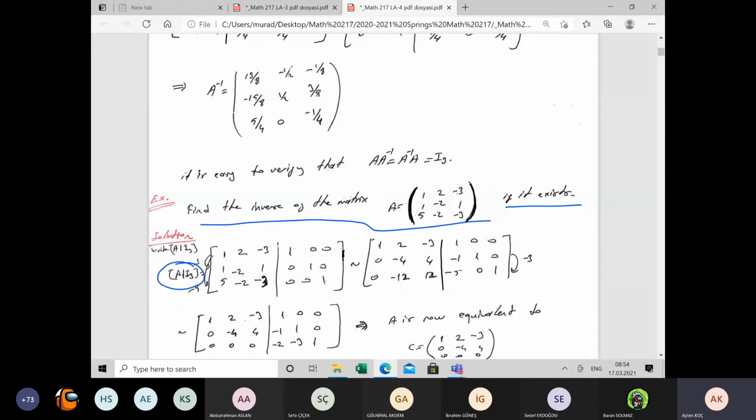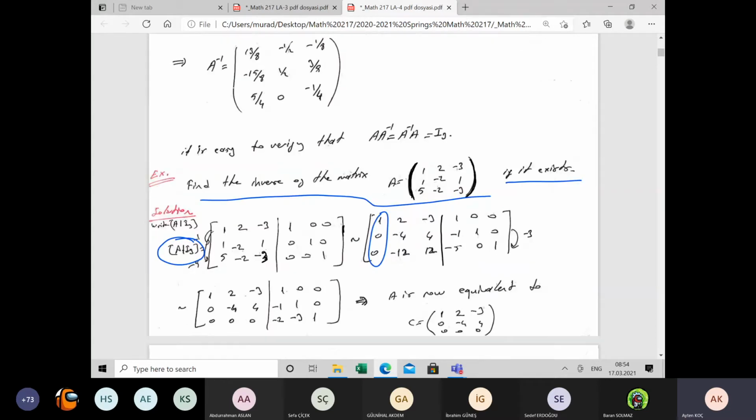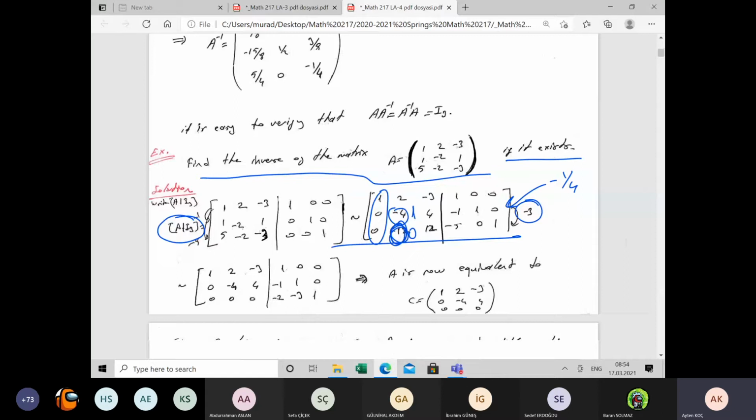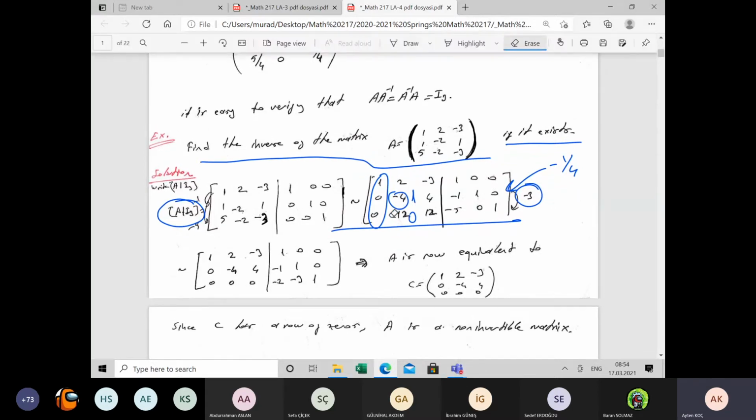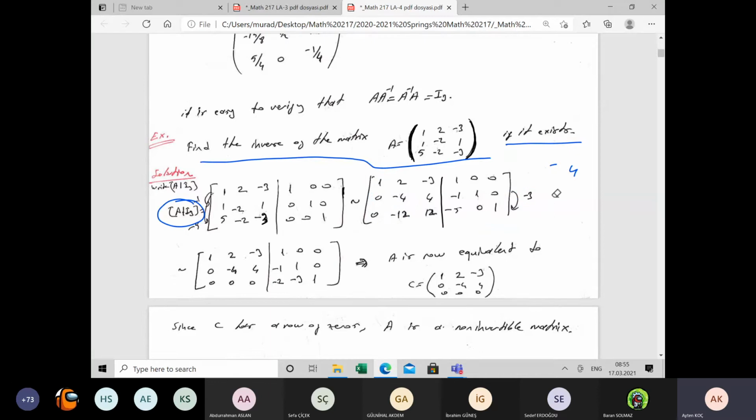Construct the matrix A with the identity matrix of order 3, and we get 1 0 0, of course. So we obtain 1 1 0 here, and multiply by minus 3, add to the last row to get 0 here. How to get 1 here? Multiply by minus 1 over 4. But look at this part, be careful.